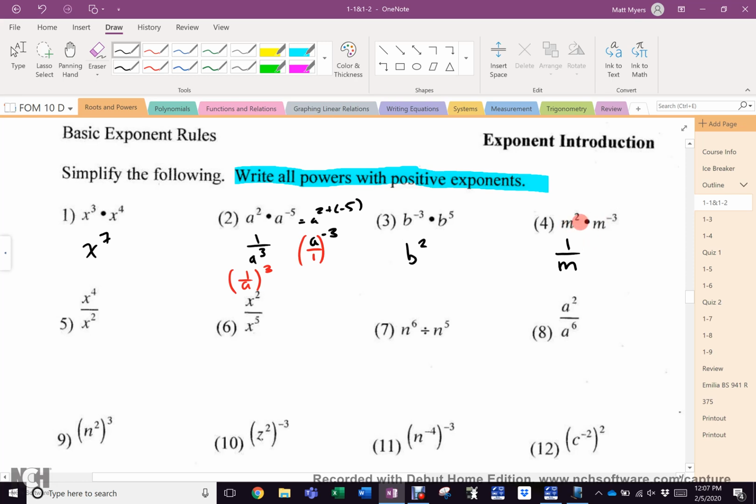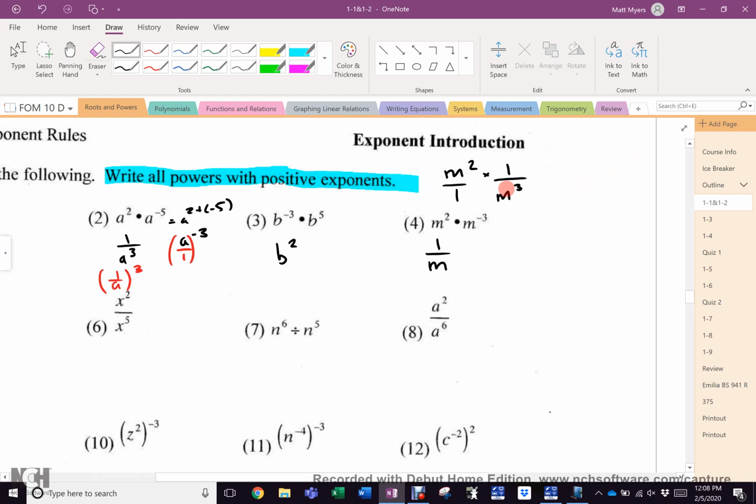And what is actually happening here is you have m squared times 1 over m cubed. Right? M is really m over 1. And then when you multiply here, m squared times 1 is m squared. M cubed times 1 is m cubed. That is really m times m over m.